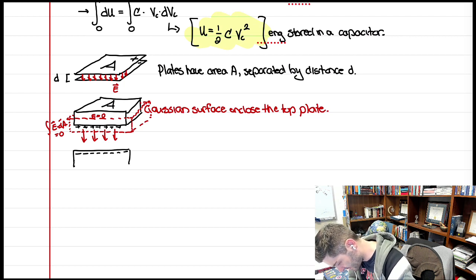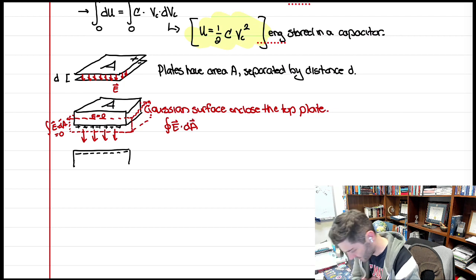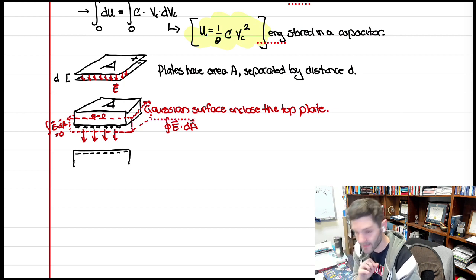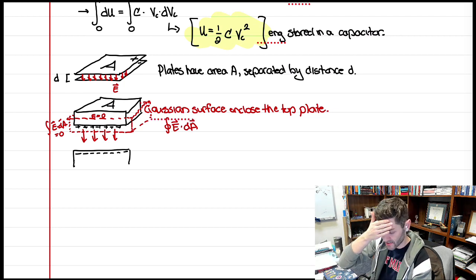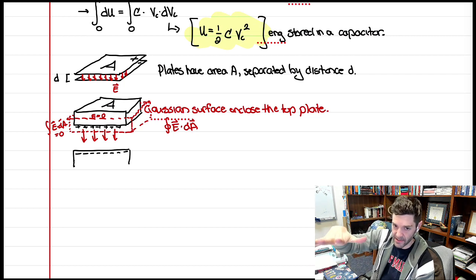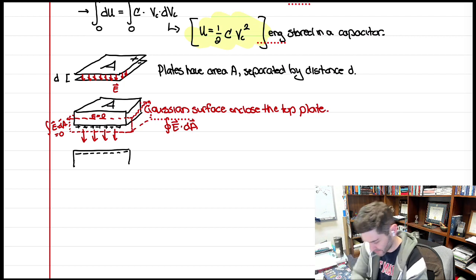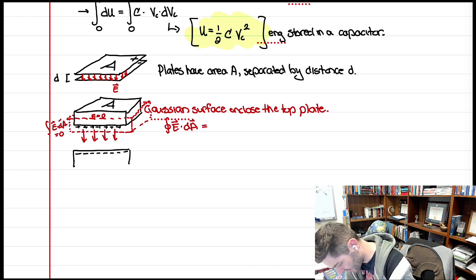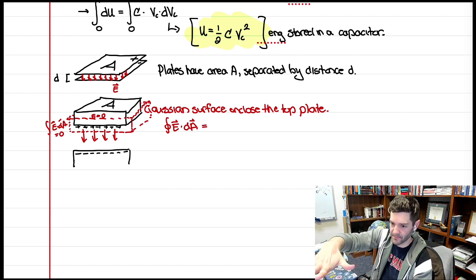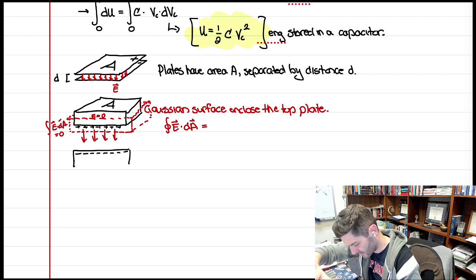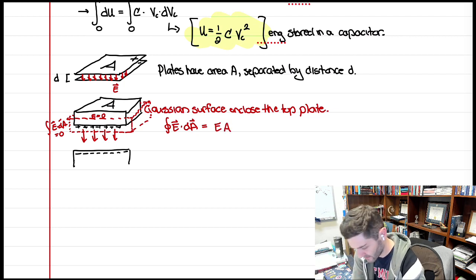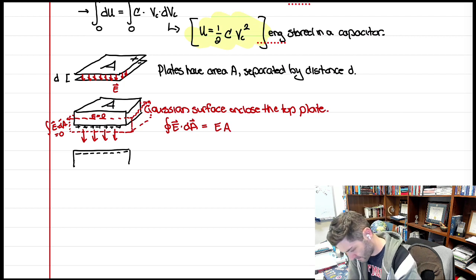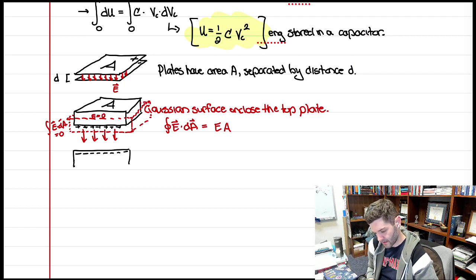So by Gauss's law, if I evaluate the flux through that surface, it's just going to be the electric field lines piercing the bottom face of this Gaussian surface, and since it's a uniform electric field, it's some value of the electric field E multiplied by the area of the plate A. And why is there no cosine factor?